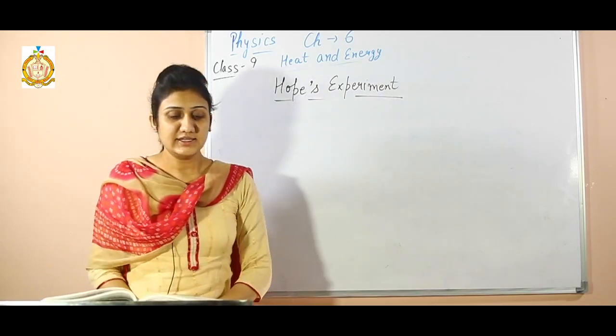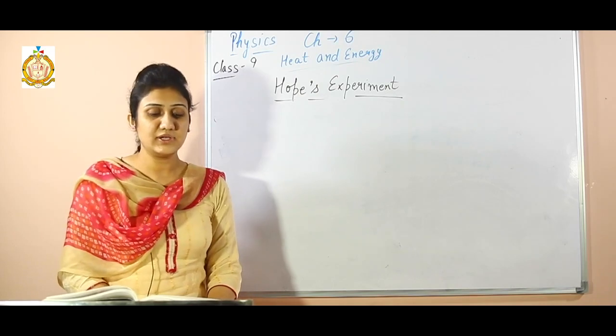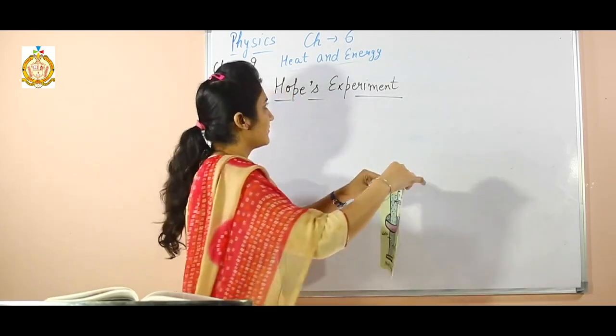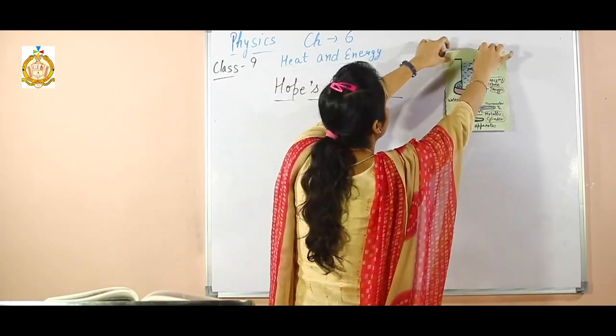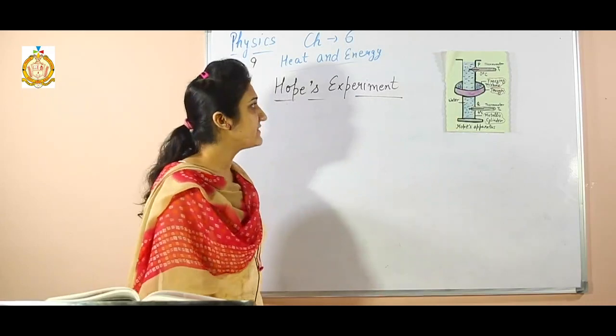In 1805, scientist T.C. Hobbes devised a simple arrangement known as Hobbes apparatus. You can see the Hobbes apparatus.